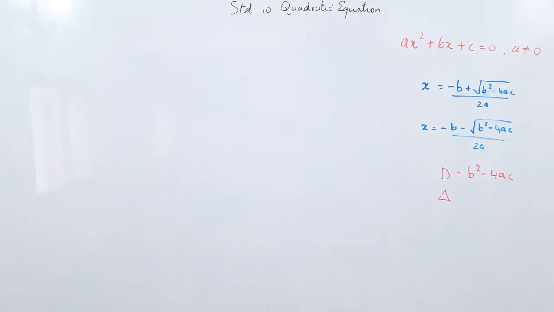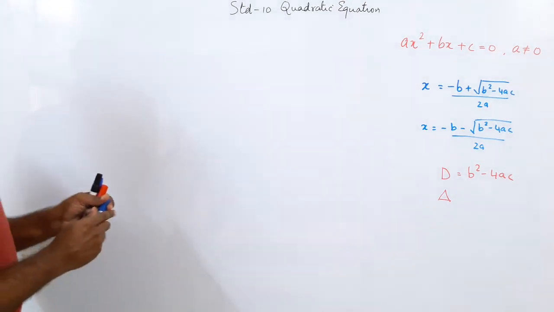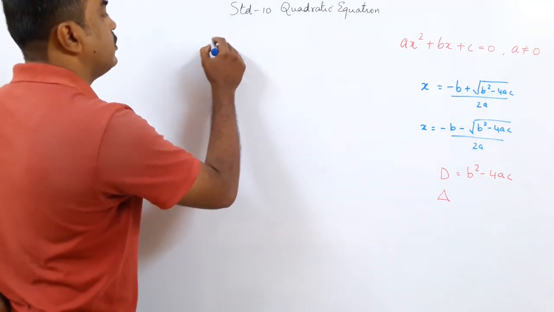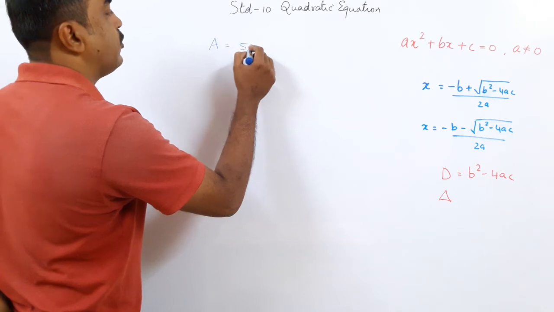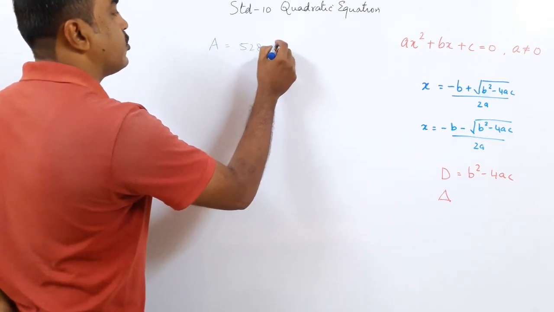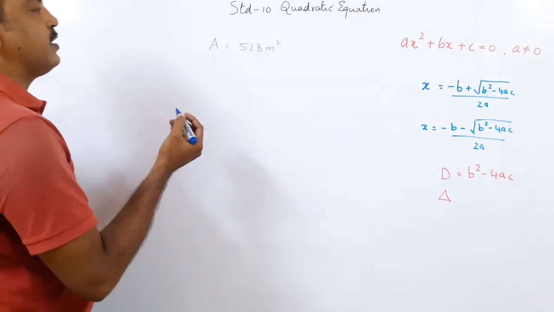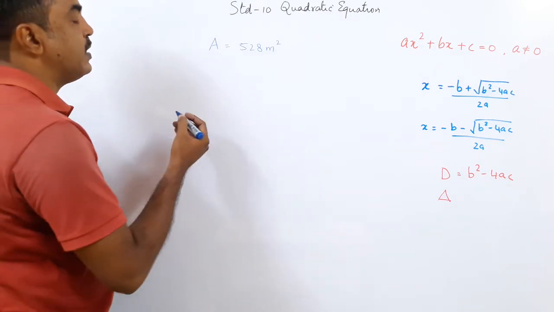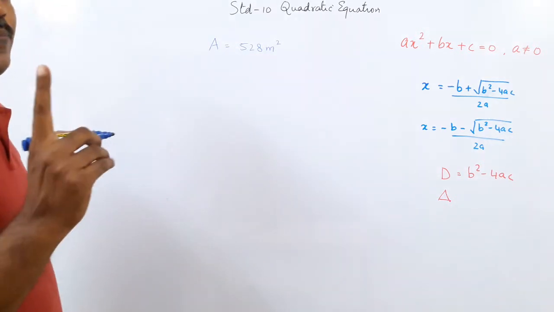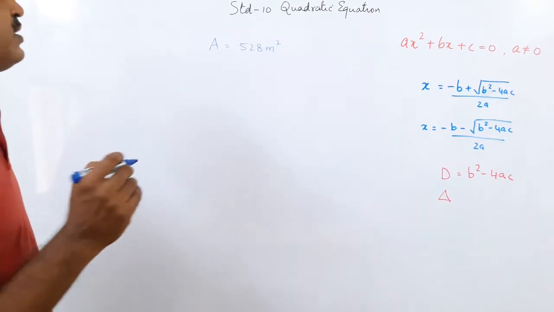Now if you can bring to your mind the previous sum we had done, a person had seen a plot whose area was 528 meters square. He forgot what the length and the breadth were, but he remembers that the length was 1 meter more than twice the breadth.